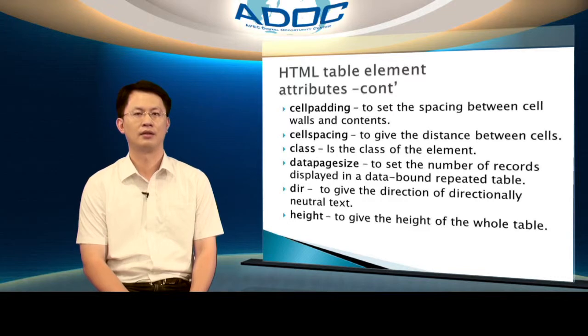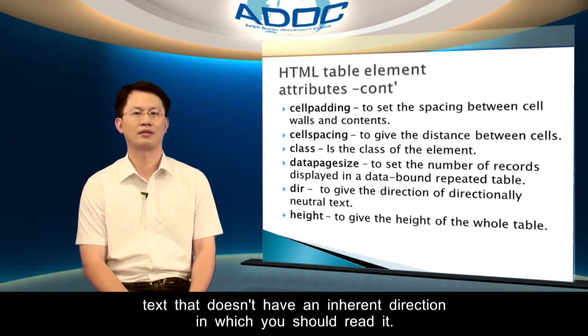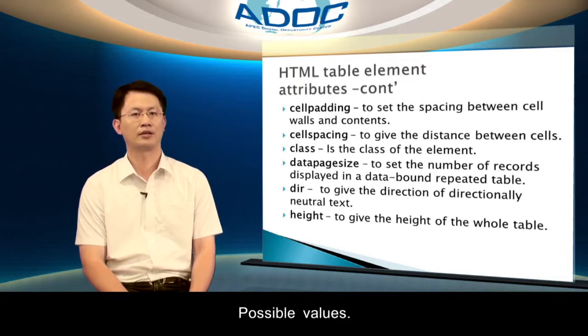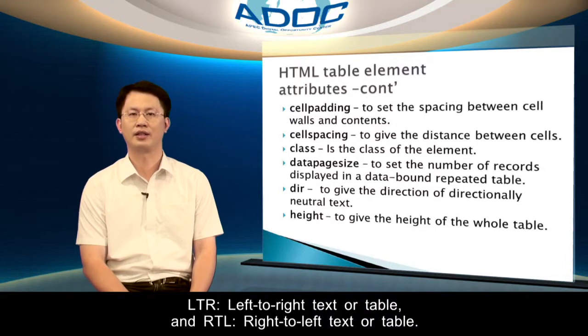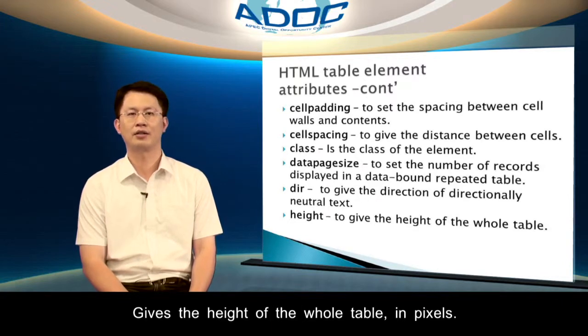DIR gives the direction of directionally neutral text, the text that doesn't have inherent direction in which you should read it. Possible values: LTR, left to right text or table, or RTL, right to left text or table. Height gives the height of the whole table in pixels.